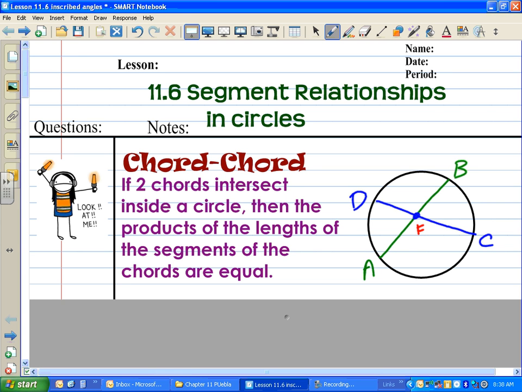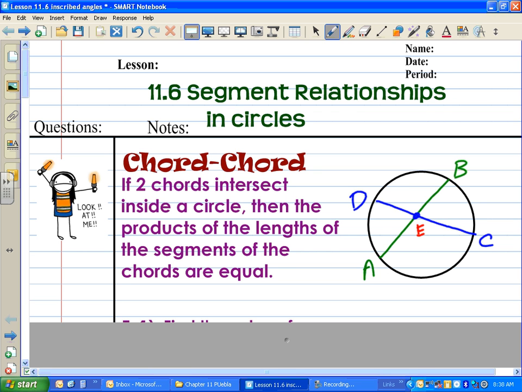They do give you circles like this with these chords in here, so you need to know what to do with them in order to get an answer. A chord is just a line segment that's inside a circle that doesn't go beyond the circle. It stops right there, it stops there, and that's all it is.